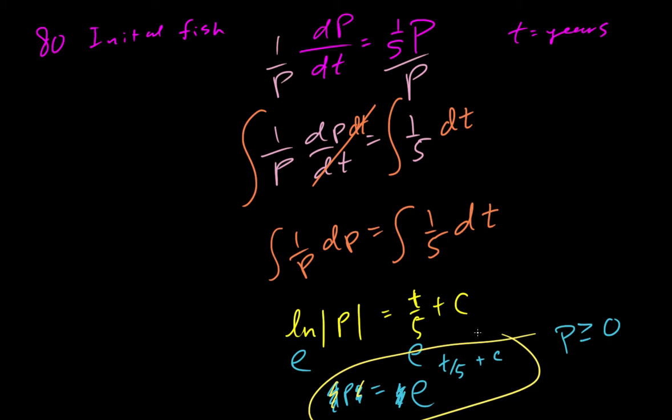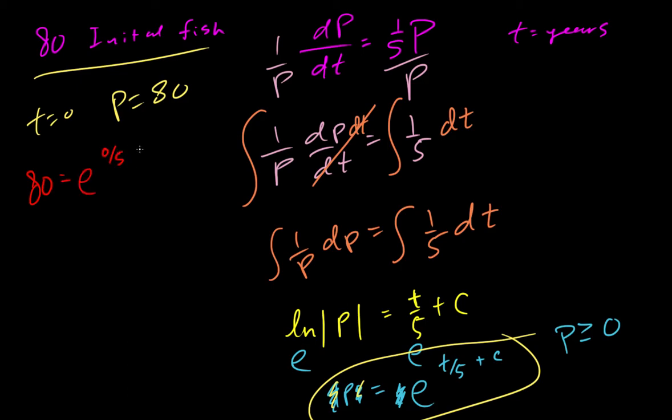And then, if we want to look at the initial conditions, when t is equal to 0, p is equal to 80. And so if we plug in a 0 right there, we're going to get 80 is equal to e 0 over 5 plus c. And that's just a 0.